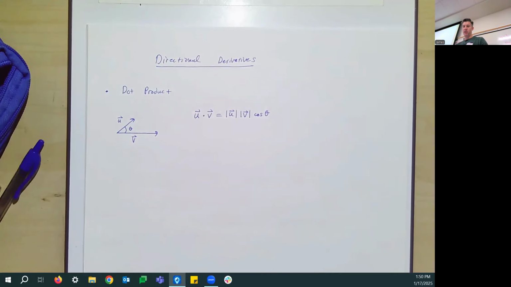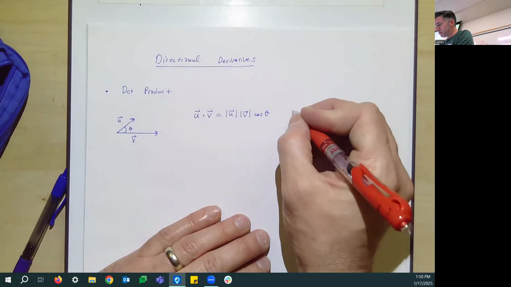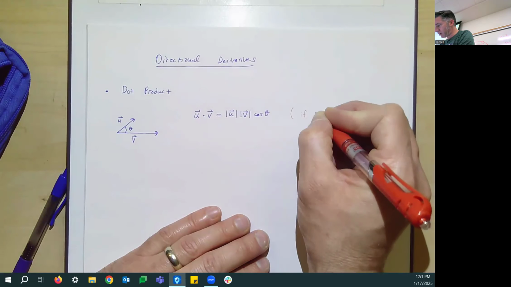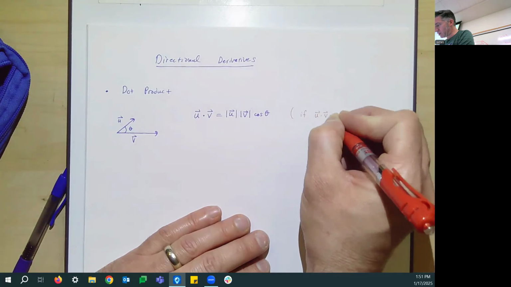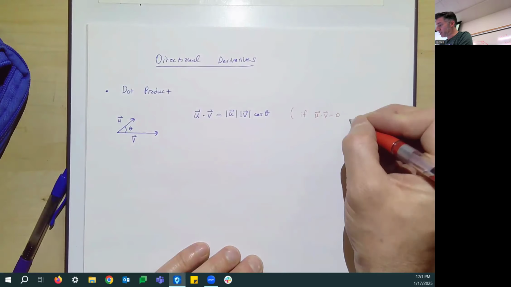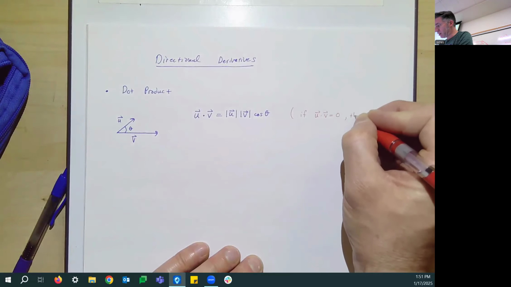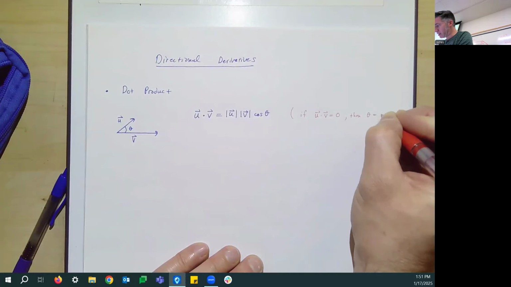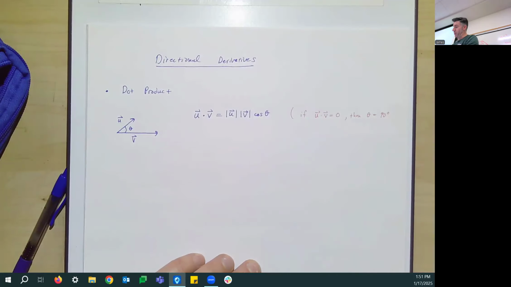And we'll also remind you, because it's important, that if the dot product of u and v is equal to 0, that means the angle between them had to be 90 degrees, because cosine of 90 degrees is equal to 0. In other words, they are perpendicular.